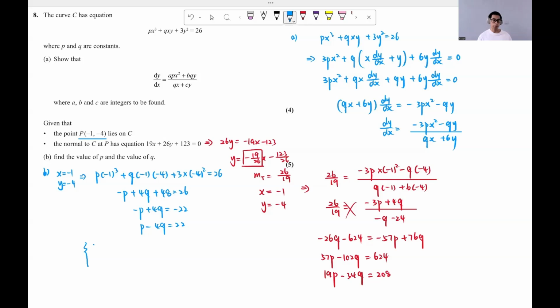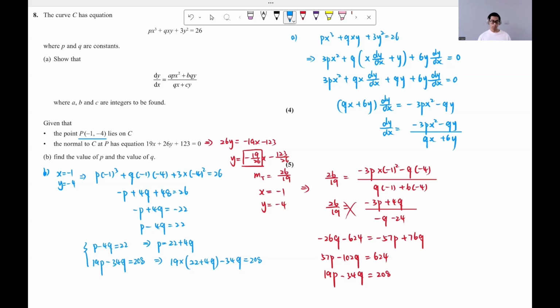So now we just have to solve the simultaneous equations. We have p minus 4q equal to 22, and then 19p minus 34q equal to 208. So rearrange that: p equal to 22 plus 4q, and then substitute in: 19 times (22 plus 4q) minus 34q equal to 208.